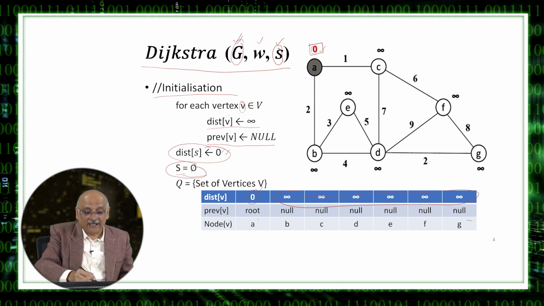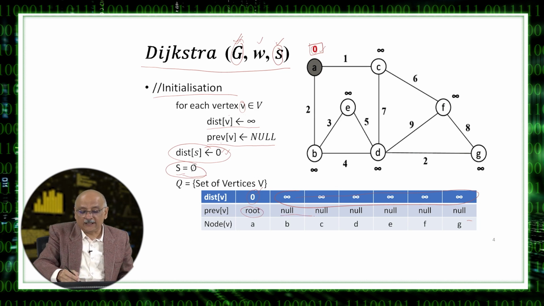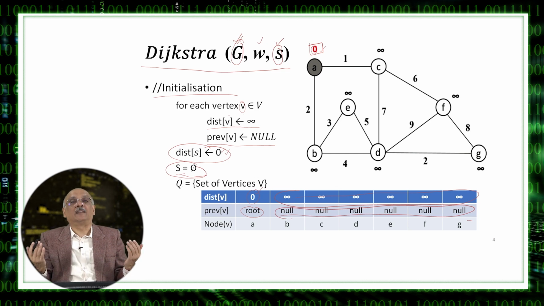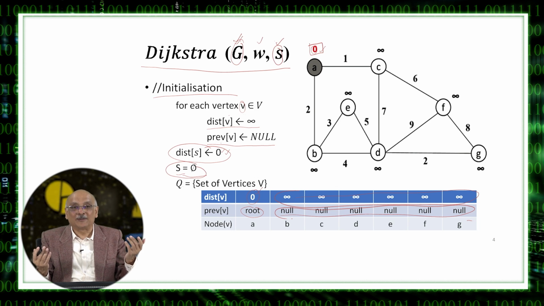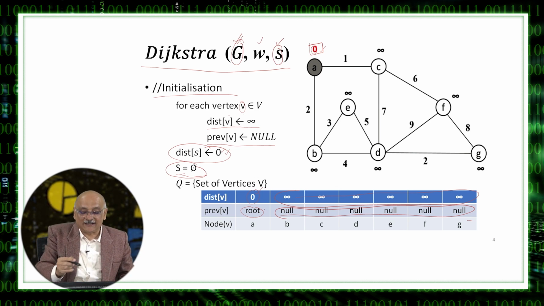This is root, so this is basically the starting vertex, that's why we have labeled it as root, and for all others, the predecessor node is null. Obviously root is just a pointer to the start node. That's why we have initialized it that way.